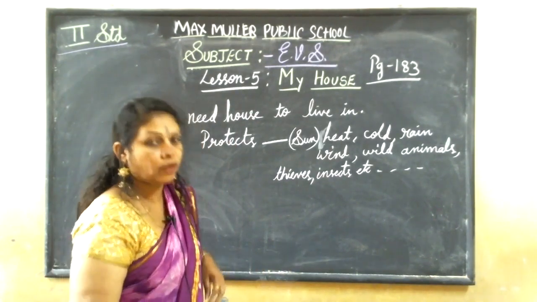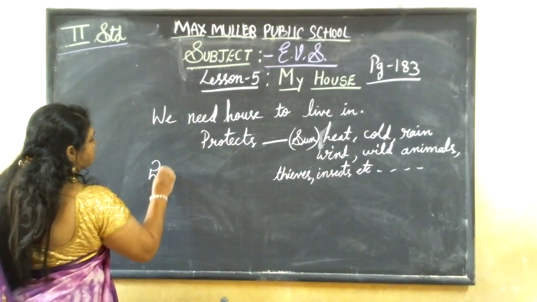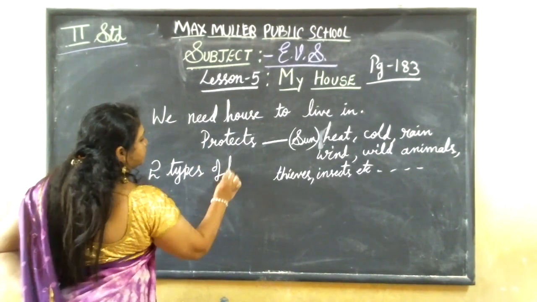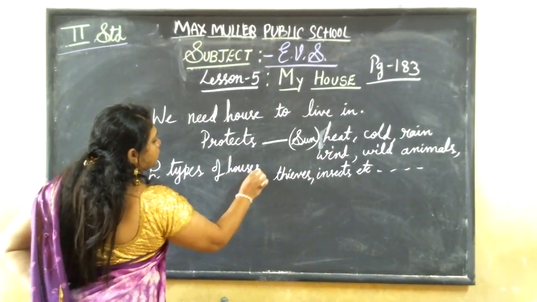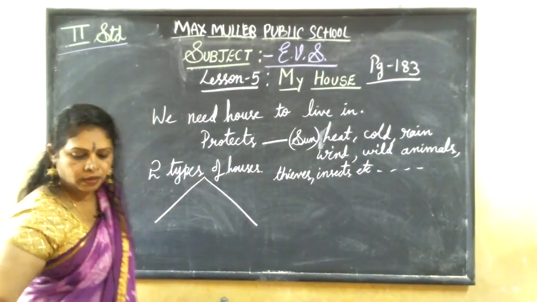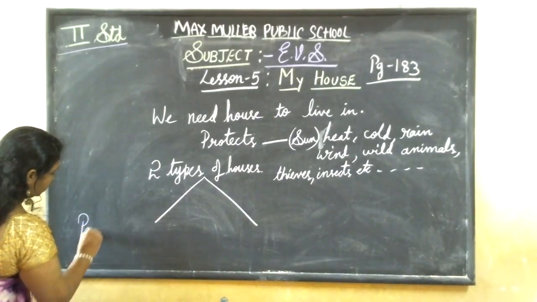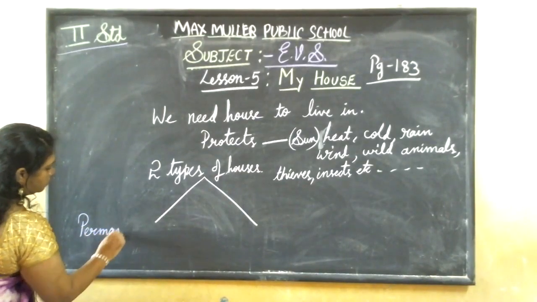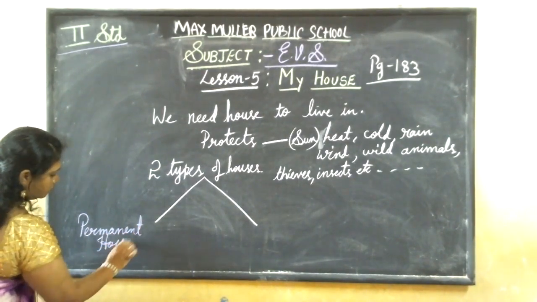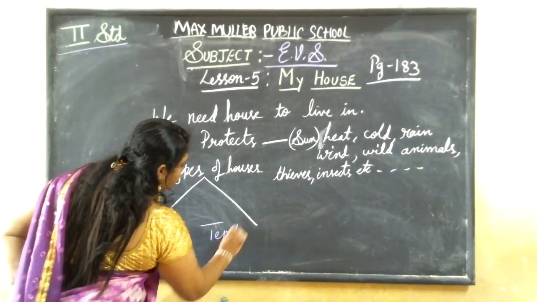In that, now we have two types of houses. What are those two types? Permanent houses and temporary houses.